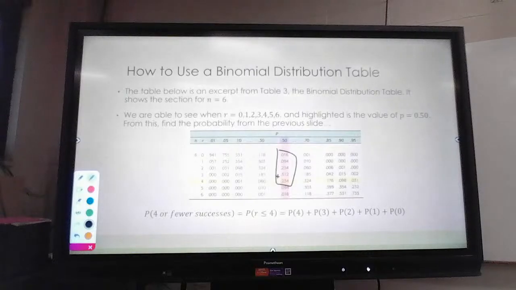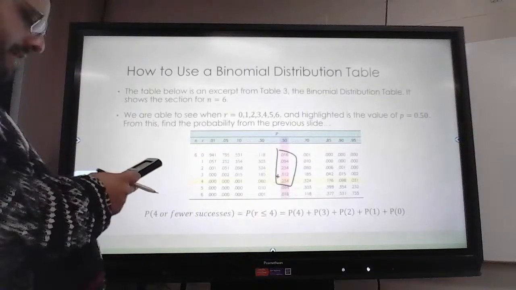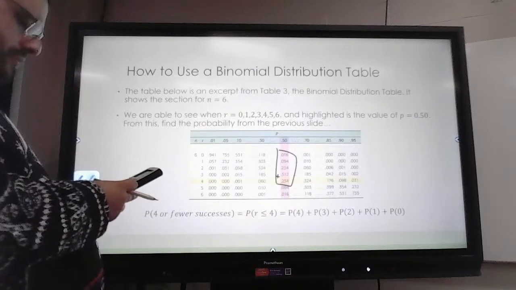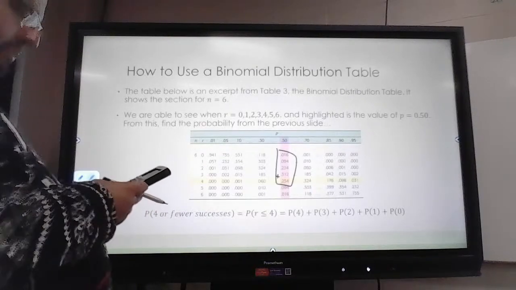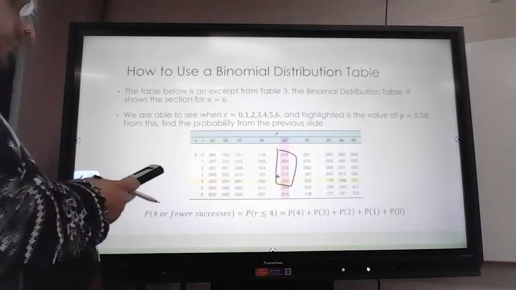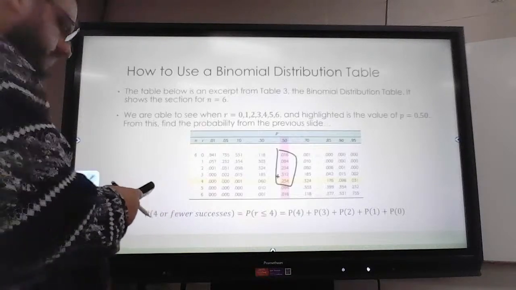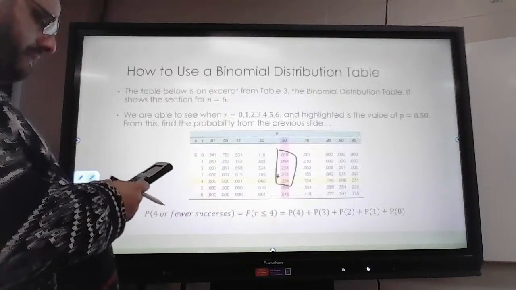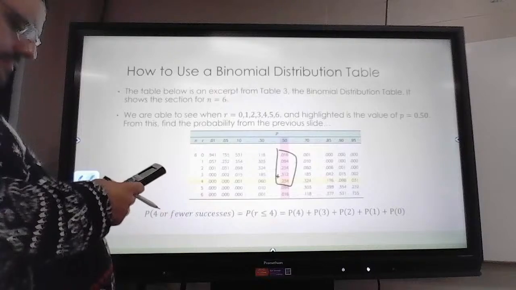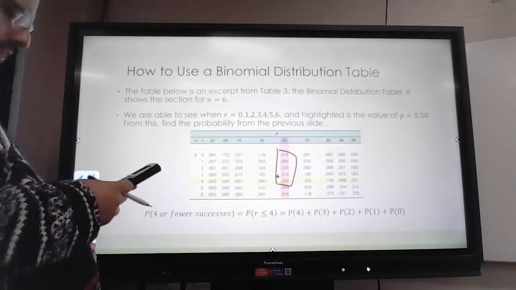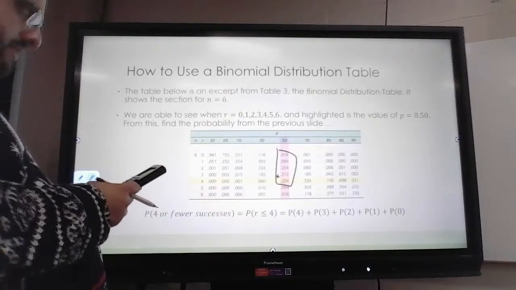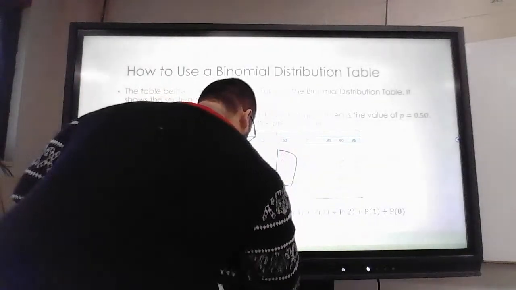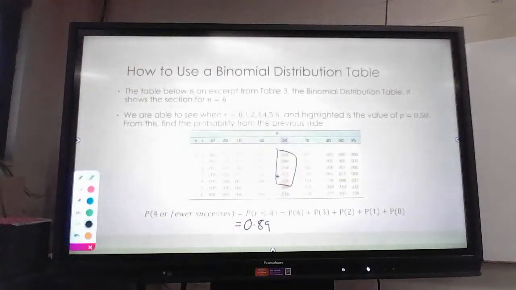Because that's the addition rule, right? 0.016 plus 0.094 plus 0.234 plus 0.312 plus 0.234. And I get a probability of 0.89, so about an 89% chance.